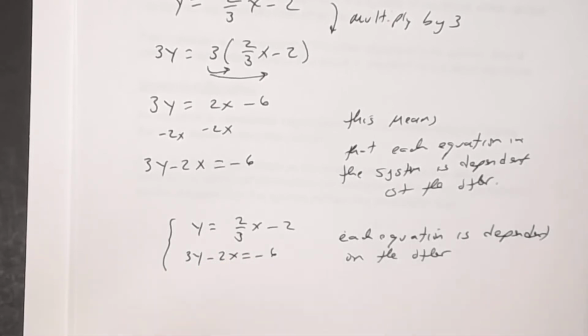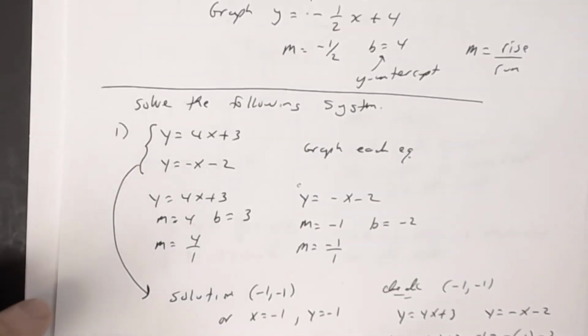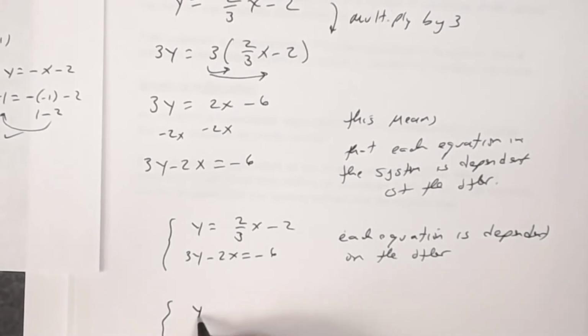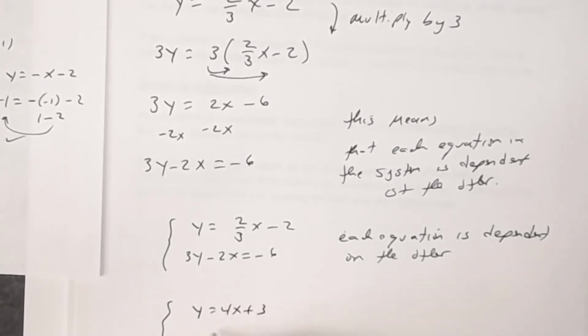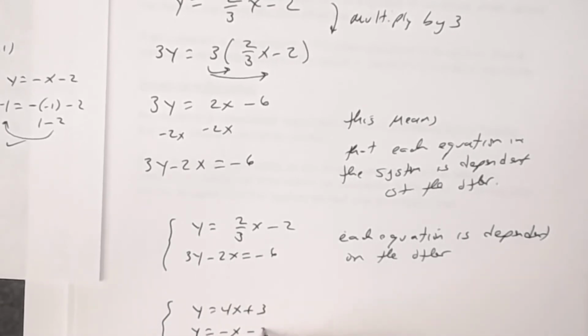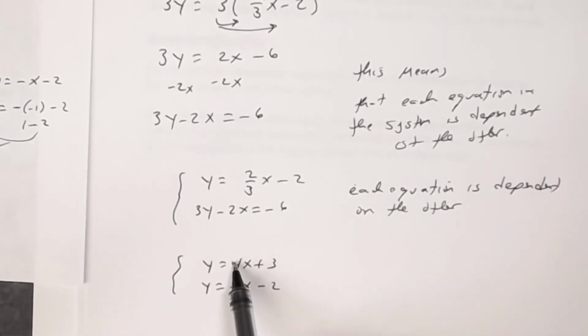Okay? This system from the previous lesson, y equals 4x plus 3, y equals negative x minus 2. There's no way you can multiply this equation by some number and get that one.